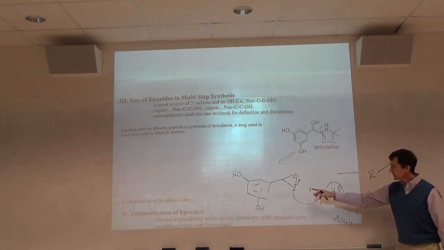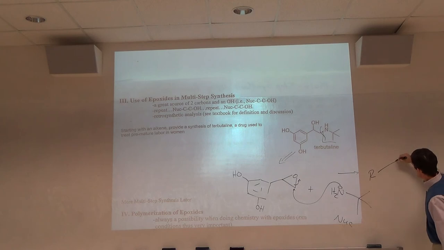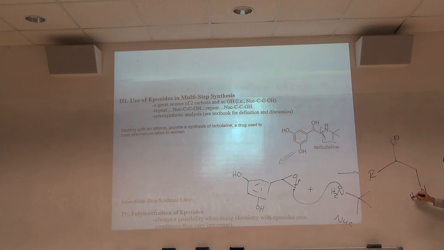I'm not showing any stereochemistry here. It's going to become O minus carbon. What's now bound to this carbon? N, 2 H's, and the tert-butyl group. And we just made that bond that I highlighted over there.